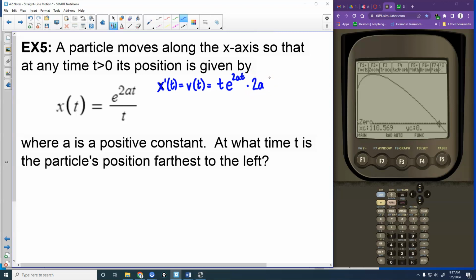Doesn't t represent a number too? Yes, but a represents one number that is not changing. T represents a variable that is changing. So A is not really much of a real world thing. They've just put it in here to make you think about this more theoretically. Like what if you didn't know what A was.